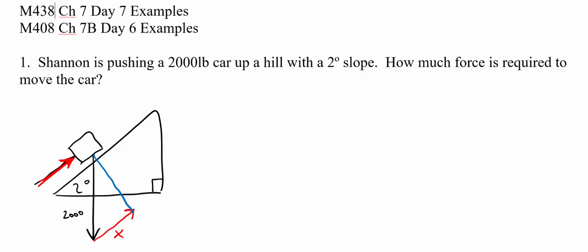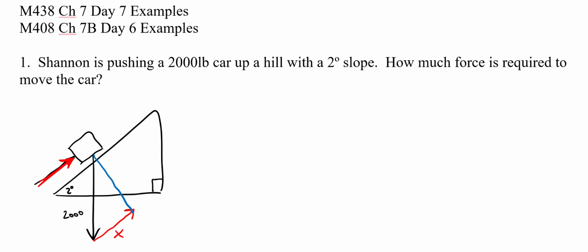I need to know how much force it takes to push a 2,000-pound car up a hill. A couple things here. First of all, I'm going to erase this just to make it a little cleaner. That is 2 degrees right there, and you have to figure out which angle is 2 degrees.